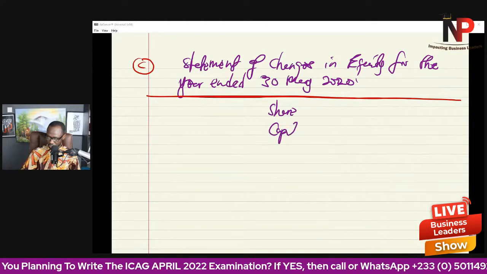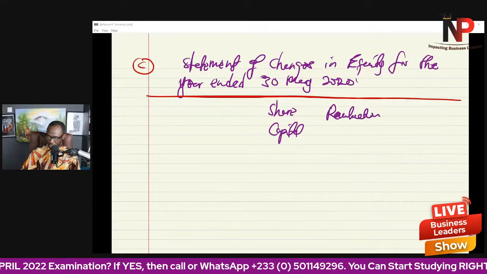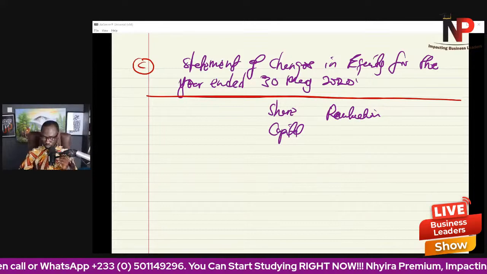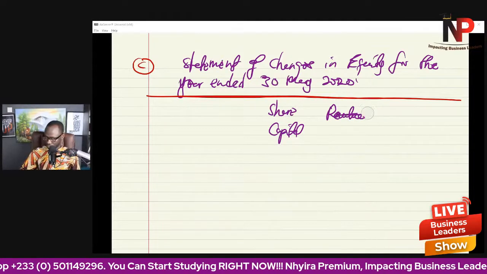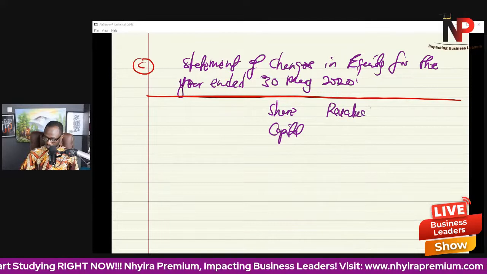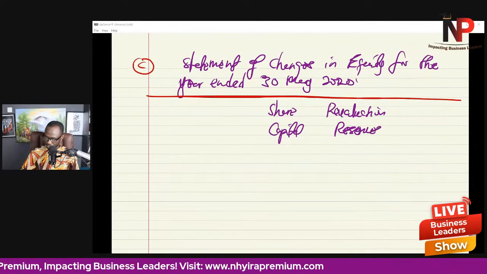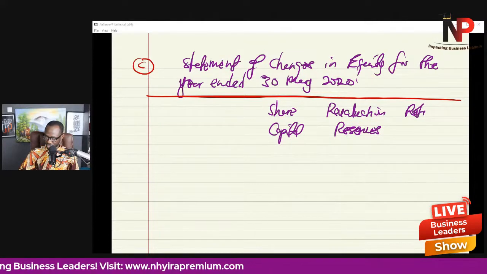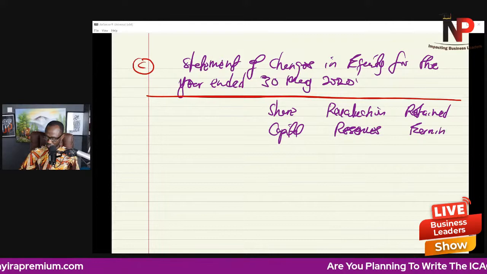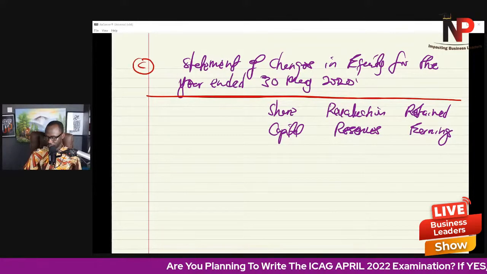So share capital, revaluation reserves, and then we're going to have retained earnings. Usually we could have a total column coming in.